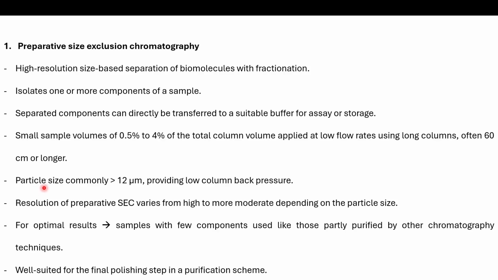Okay. And particle size is commonly greater than 12 micrometers, providing low column back pressure, and the resolution, basically the separation between the two peaks during preparative SEC, varies from high to more moderate, depending on the size of the particles constituting your sample.